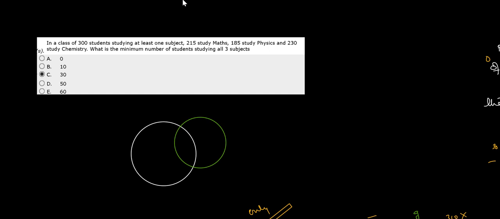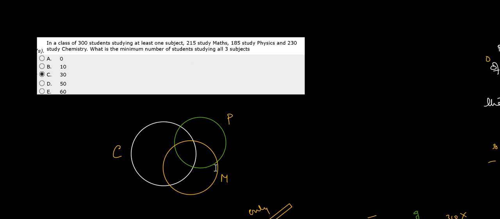The biggest one is chemistry. So this white one is chemistry, which is the biggest one, and the second one is maths, and this one is physics. Okay, clear?